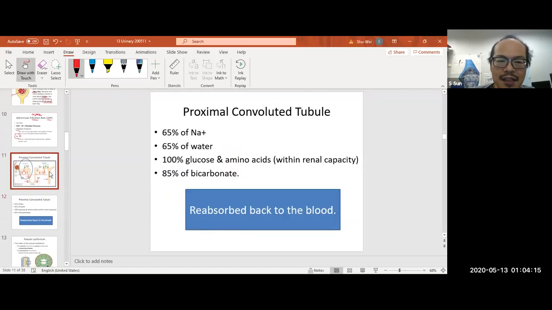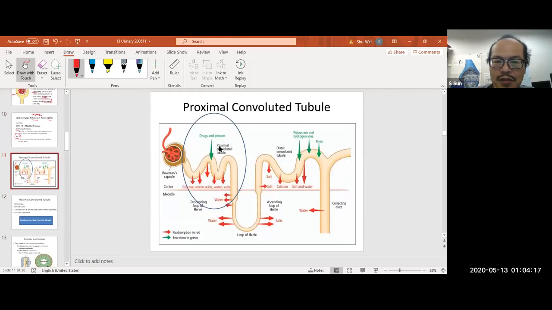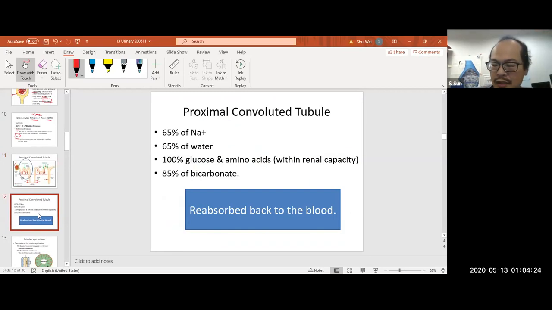And then the next step is the proximal convoluted tubule. The key here is that it reabsorbs 100% of glucose and amino acids within the renal capacity, meaning that for general body function, you should not see any glucose or amino acids in the urine.